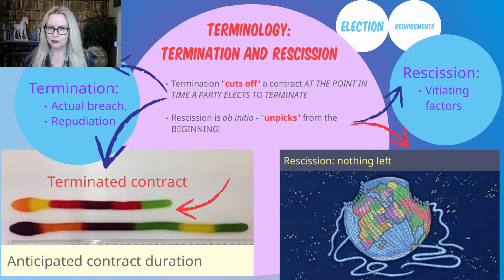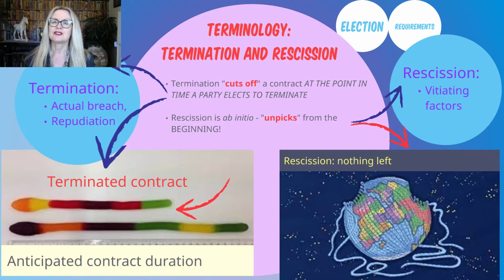You will recall from our discussions around rescission that it is a concept that's applied ab initio, that is from the beginning. So what the court does when it grants an order for rescission is it unpicks the contract. I think of it as unravelling a knitted jumper or a piece of thread like I've got on the slide there.